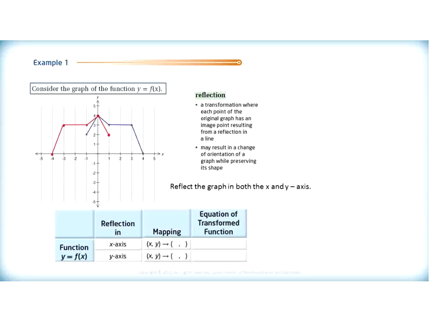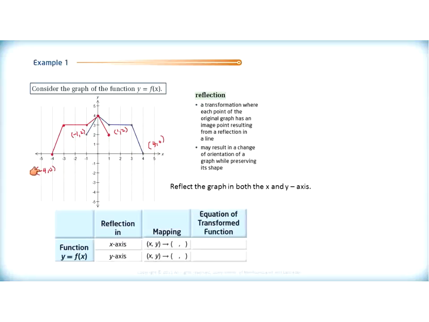Let's have a look at the coordinates of some of these points, and let's see what's actually happened to them. Here, for example, the point (4, 0) has been reflected to (-4, 0). Here I have a point (1, 2) that's been reflected to (-1, 2). If you look closely, you can see that the y-coordinate hasn't changed, but the x-coordinate has become the negative value of the original.